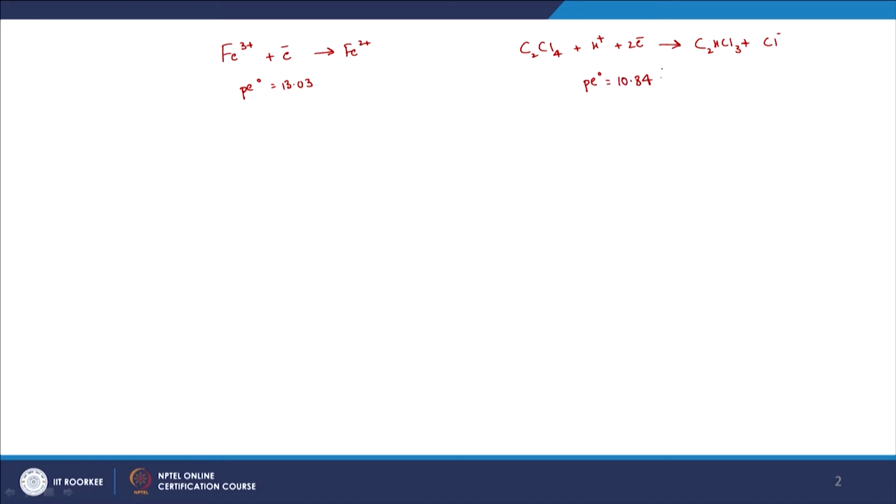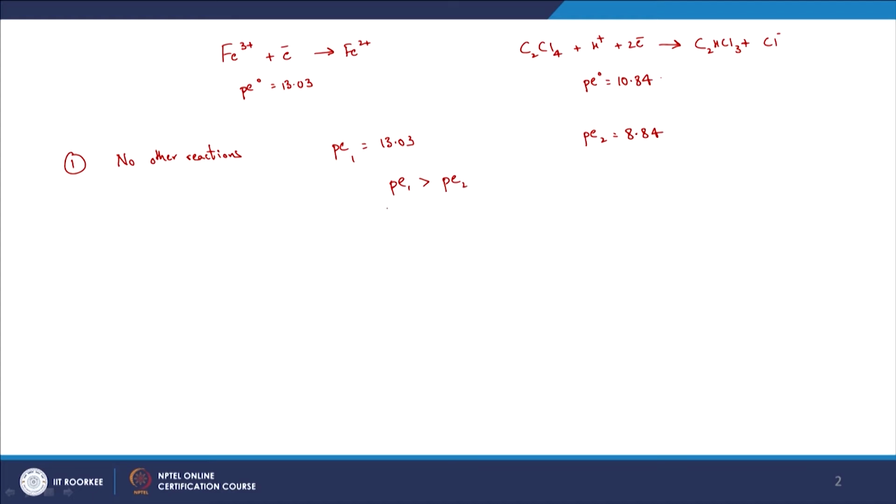And so we worked out two cases, when one was we had no other reactions, only the redox, and we saw that P1 came out to be 13.03 and P2 came out to be 8.84, and because P1 is greater than P2, right.